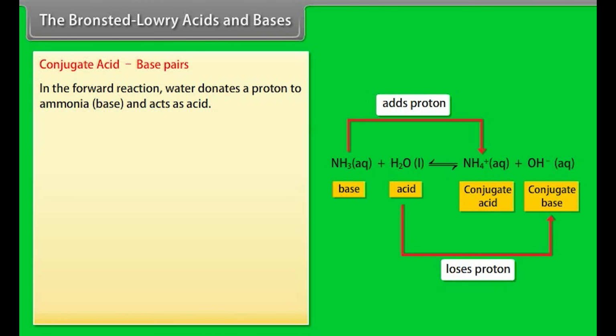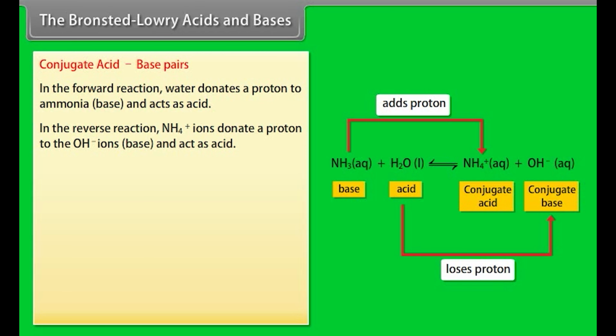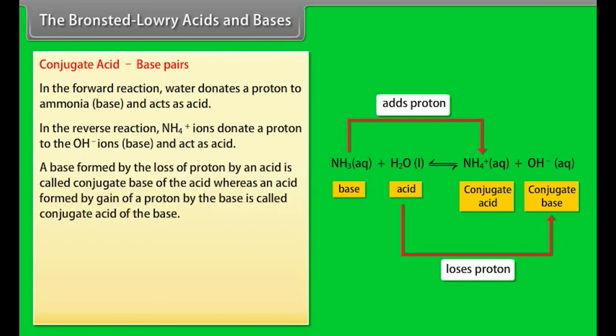In the reverse reaction, NH4+ ions donate a proton to the OH- ions, base, and act as acid. A base formed by the loss of proton by an acid is called conjugate base of the acid, whereas an acid formed by gain of a proton by the base is called conjugate acid of the base.